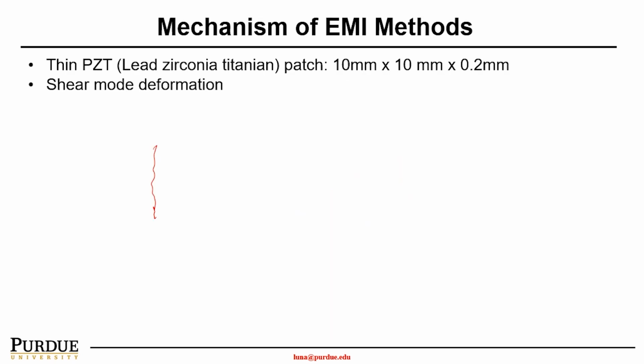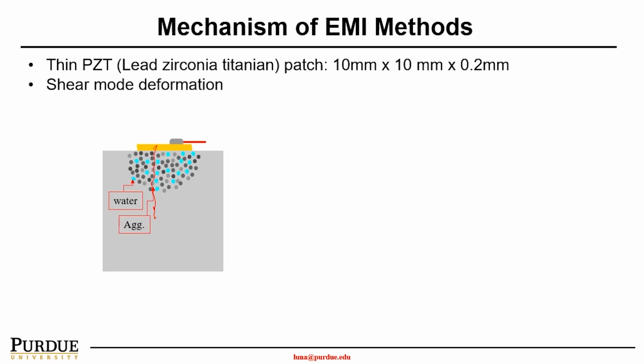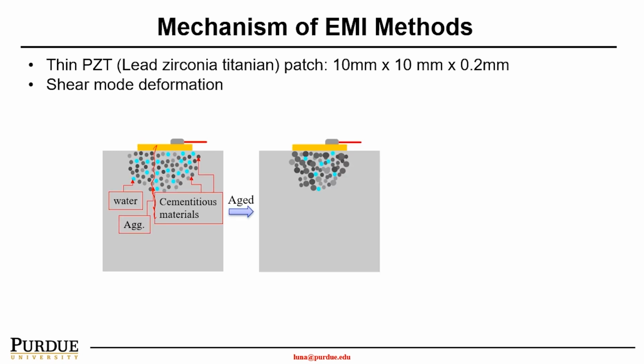In this slide, I would like to show you how we use a very thin layer of PZT to understand the strength development of the concrete over time. As you can see here, we bond a PZT sensor on concrete and vibrate the sensor. So the sensor will send the stress wave into the concrete. When water, aggregates and cementitious material go through what we call the hydration process, they will generate CSH gel, right?